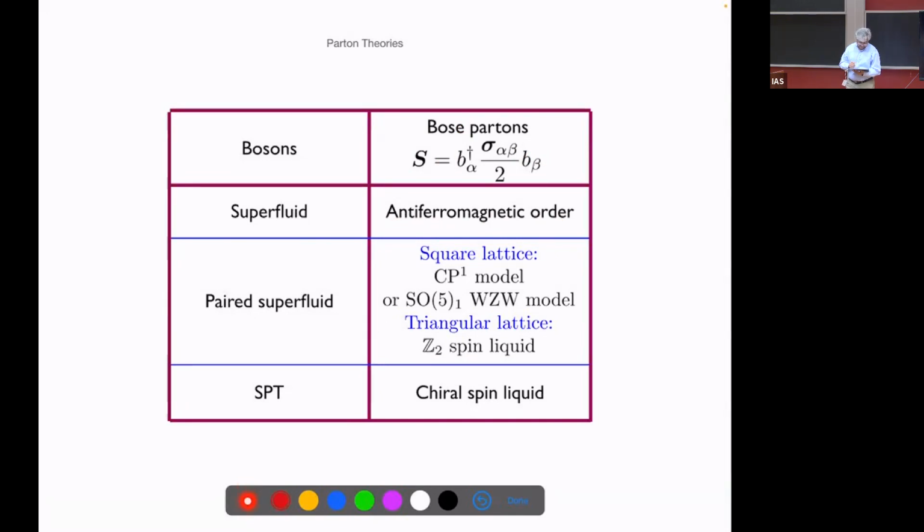So, there's a gauge symmetry of b_α going to b_α e^{iφ}. And what do I mean by the statement that the gauge symmetry is broken completely? Well, if I have a condensate where the bosons condense, then there's no gauge transformation I can make which leaves the condensate invariant.